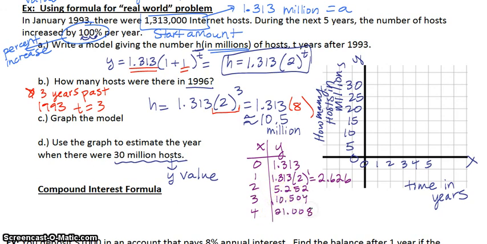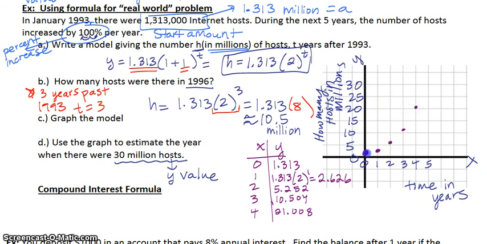And I'm going to just do my best to graph that. And so 0, 1.313, 1, 2.626, 2, 5.252, 3, 10.504. Again, just do your best. Okay, 4, 21.008.